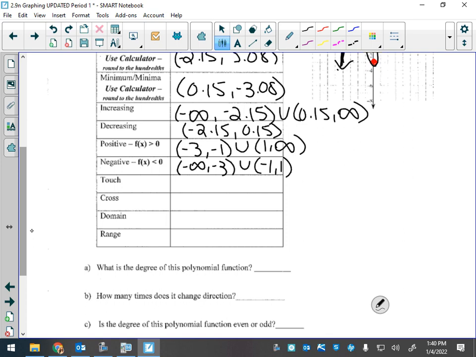Should be fairly easy. Where does it cross? Yep. Good. What is my domain? Sabrine, what's my domain?